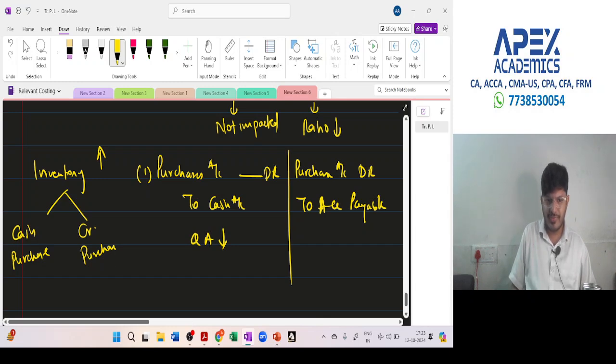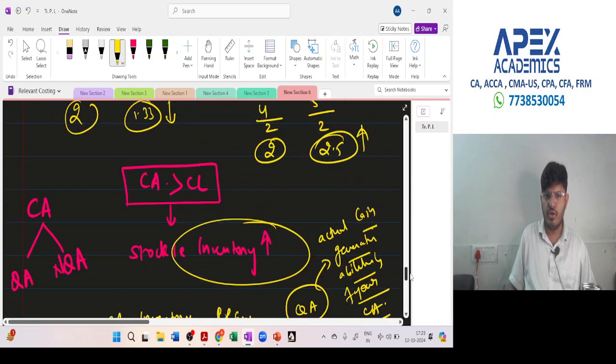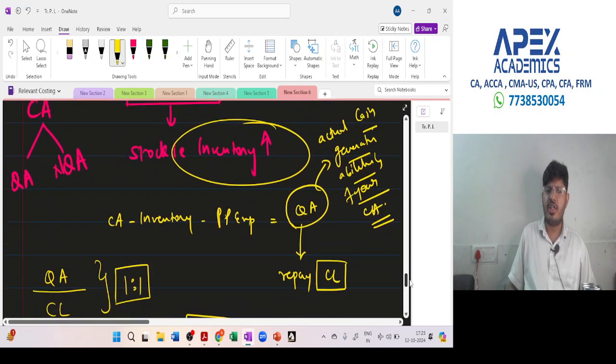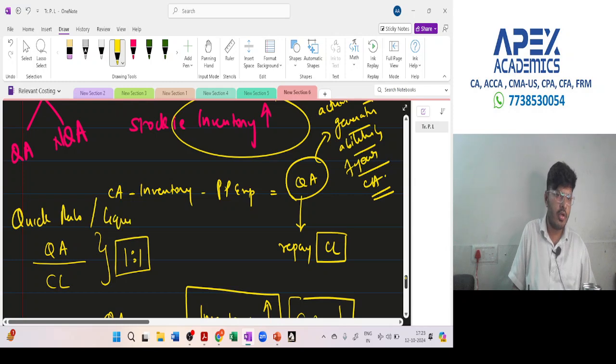Therefore, your ratio, which asks you the question, do you have enough cash generating ability to pay off current liabilities, which is known as your quick ratio, your liquid ratio, or your acid test ratio, will fall.